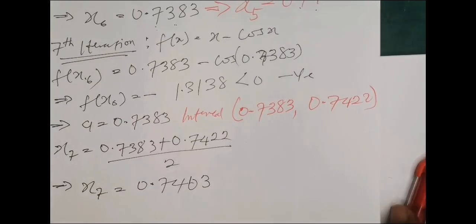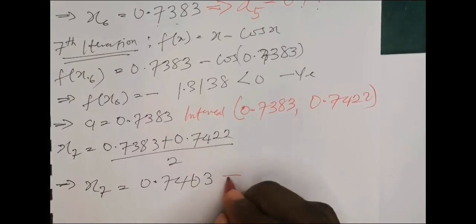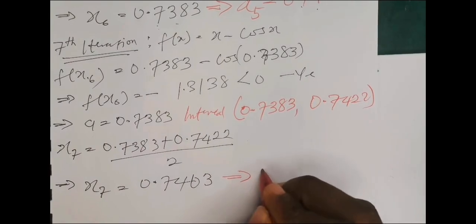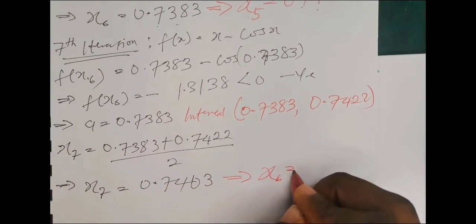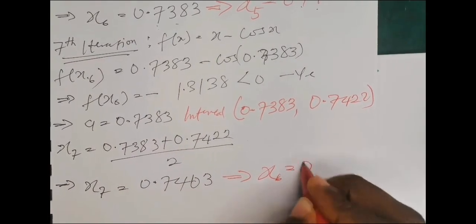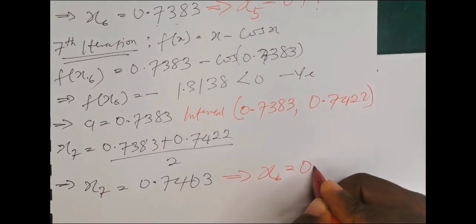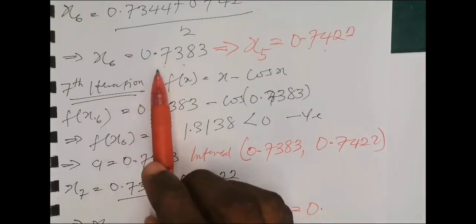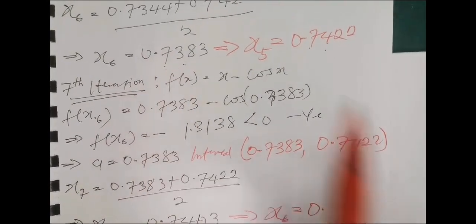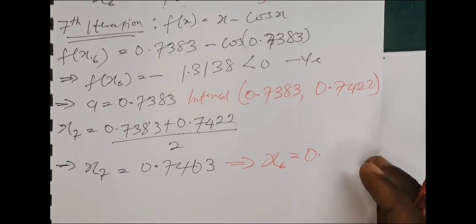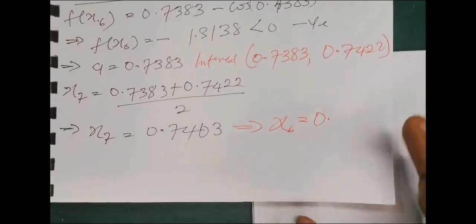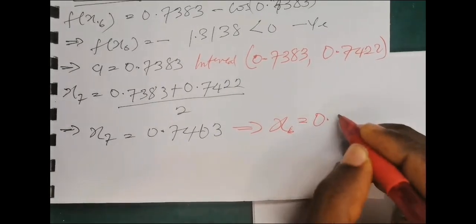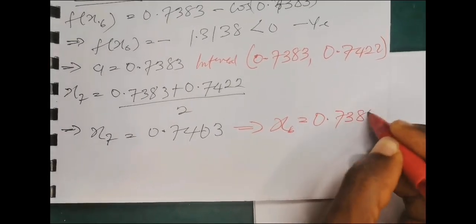So let's compare this with the previous root. s6 over here gives us 0.7383.